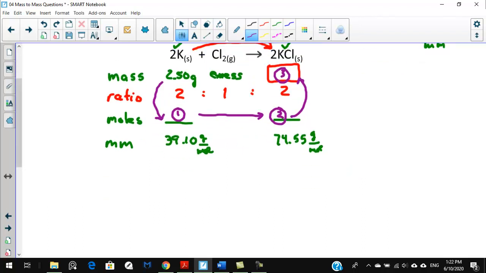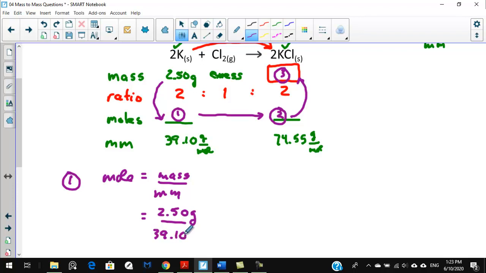So first thing I'm going to do is solve number 1. So number 1, I'm trying to get moles, and if we look in our formulas, we know that moles is equal to mass divided by molar mass, which is equal to 2.5 grams divided by the molar mass of potassium, which is 39.10 grams per mole.